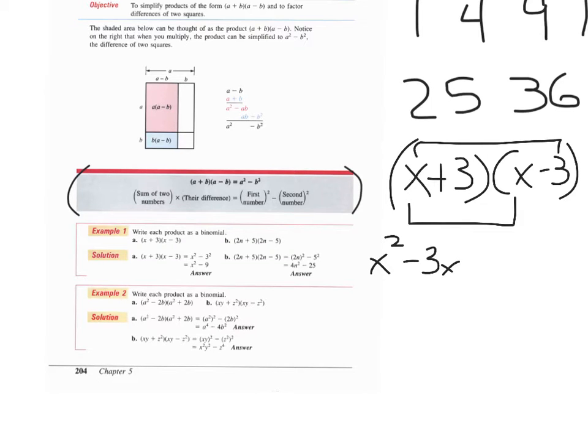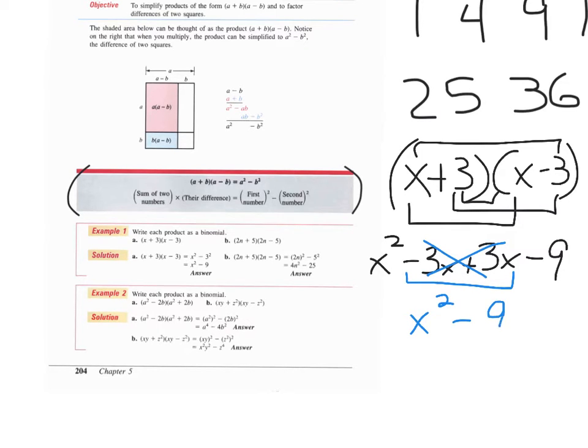And then the inside gives me positive 3x. And then the last gives me negative 9. When I go to combine my middle term, notice it's negative 3 plus 3. So this will cancel, it gives 0x. So then my final answer here is x squared minus 9.